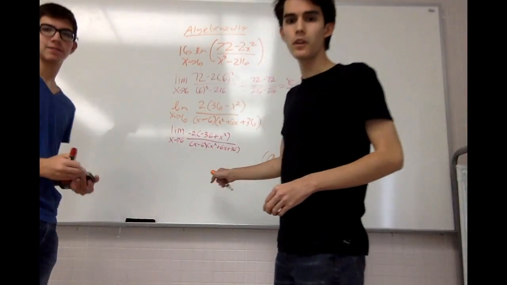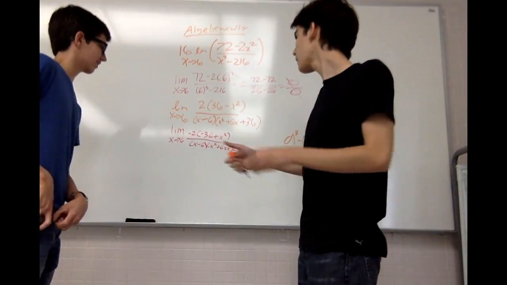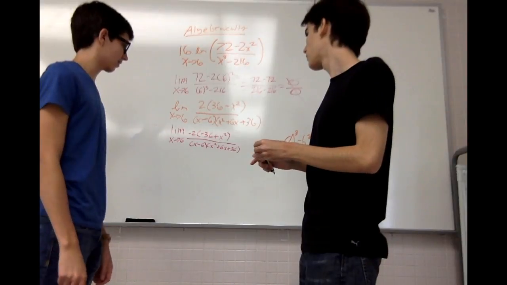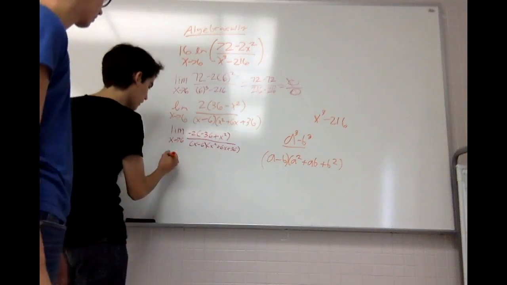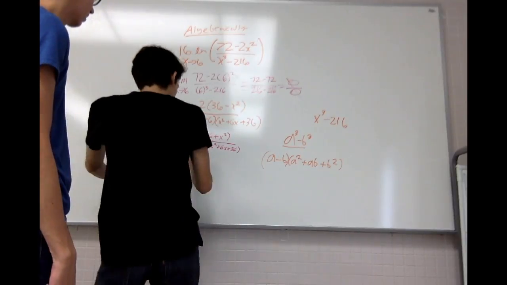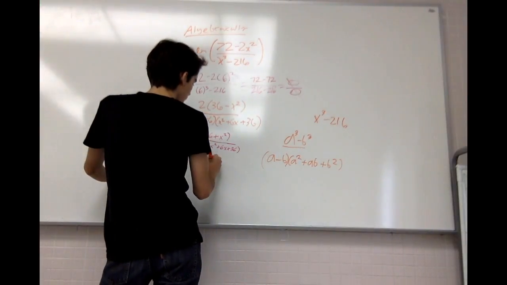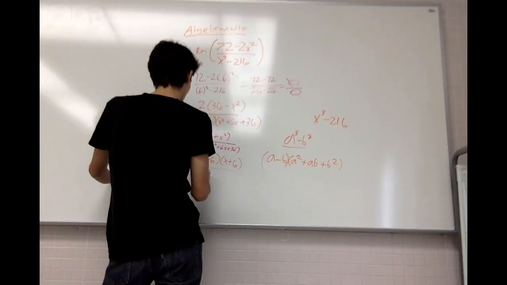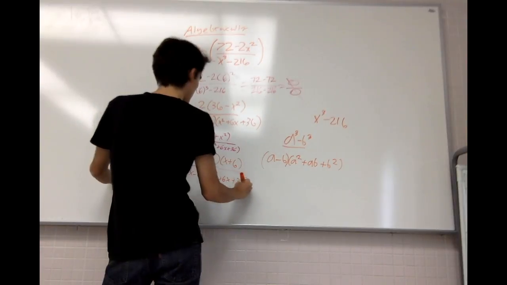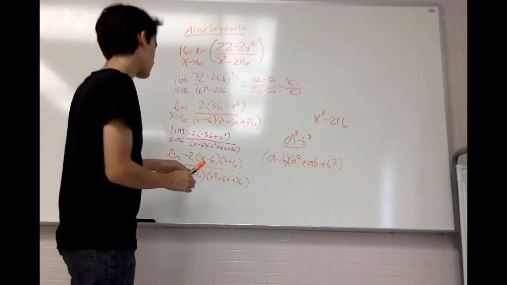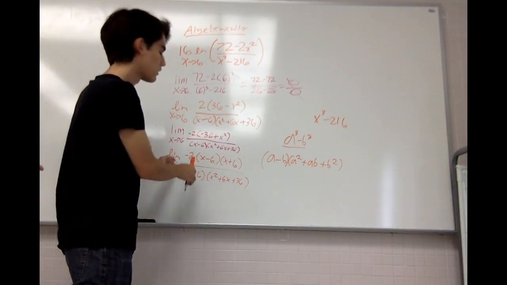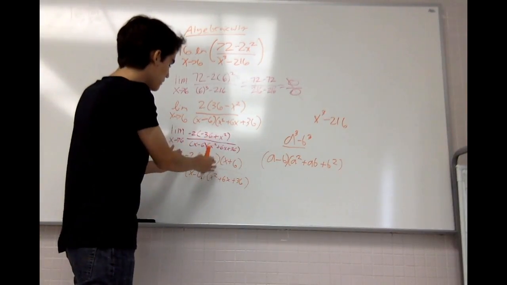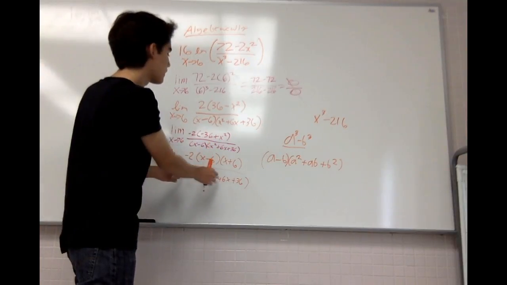And now, after this step, we're going to factor our negative 36 plus x squared. Now here we can see that we have an x minus 6 and an x minus 6 that are in the numerator and the denominator.